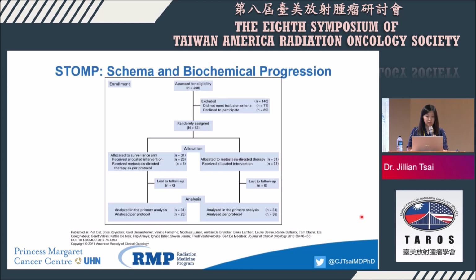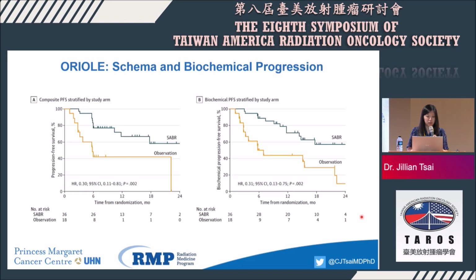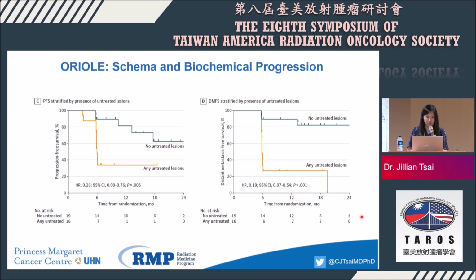And these are similar studies in the prostate cancer area that I will actually skip through, but the slides are online for your reference. So STOMP and ORIOLE both were conducted in prostate cancer patients, again showing the addition of SBRT improved biochemical failure or progression-free survival in these patients.